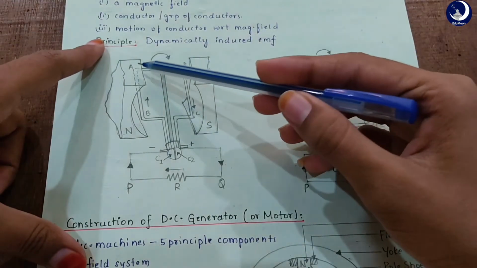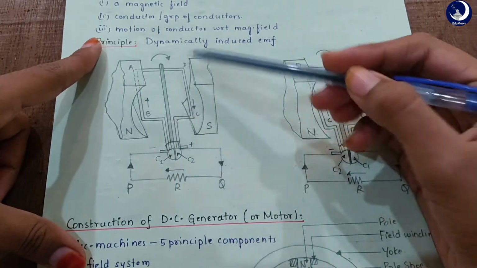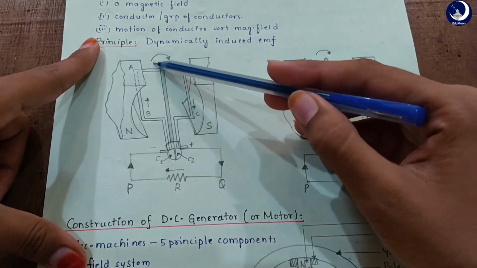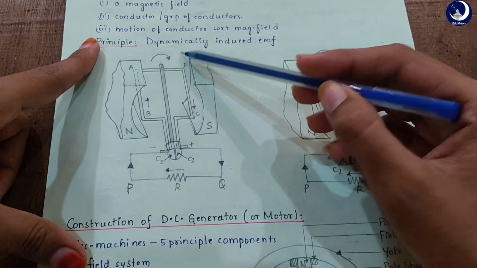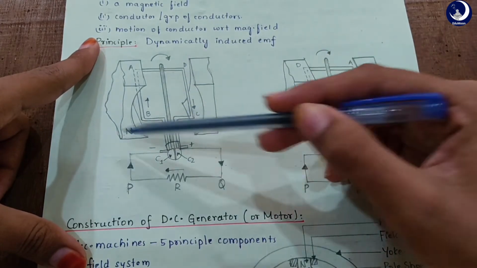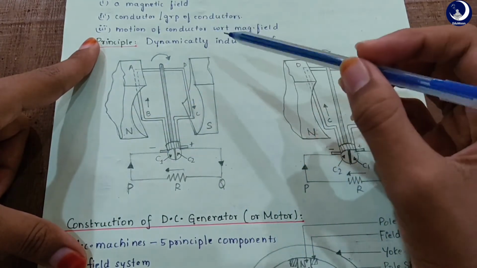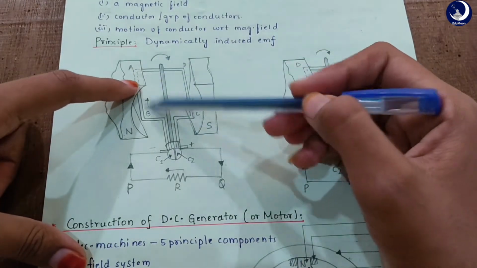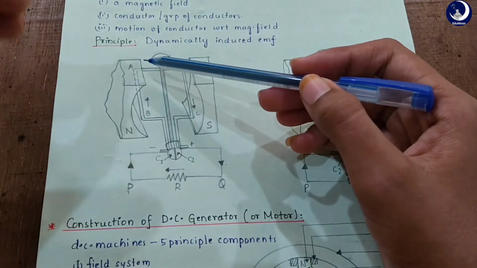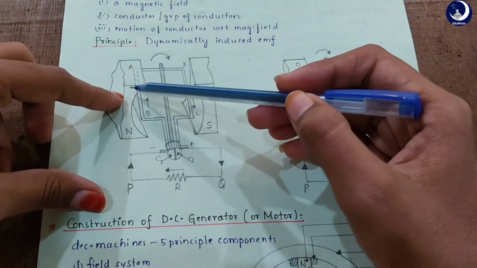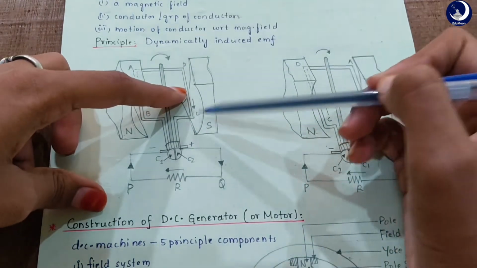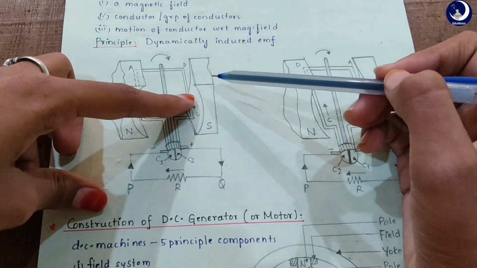Here this single turn loop ABCD is rotating in a clockwise direction at constant speed in a uniform magnetic field. Initially, the side AB of the coil is under the influence of the north pole and the CD side is under the influence of the south pole.